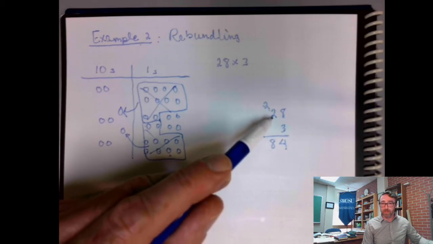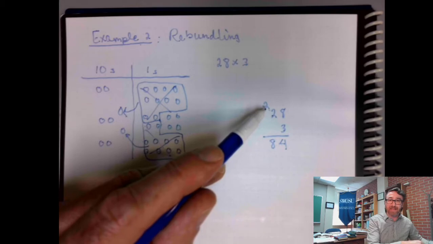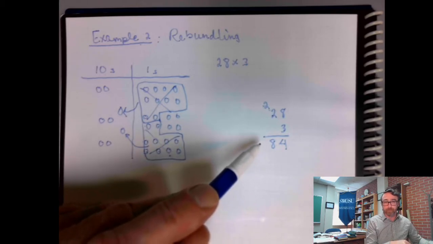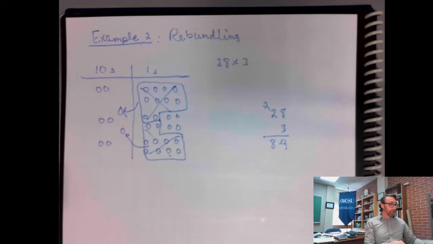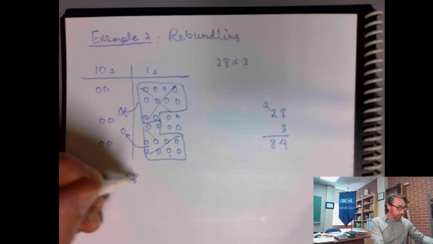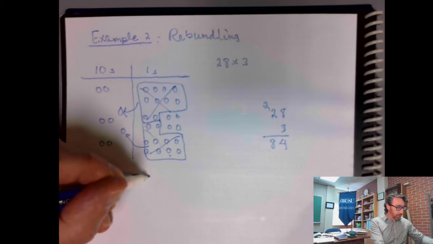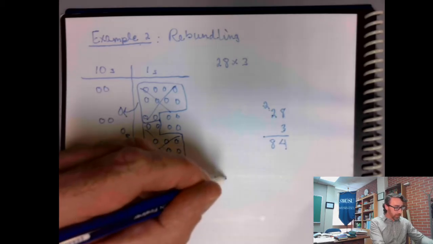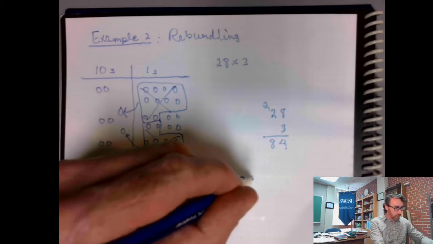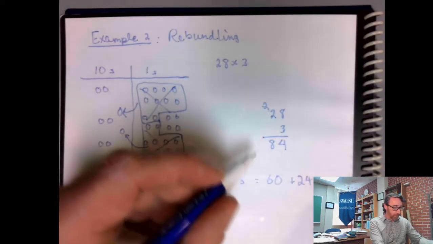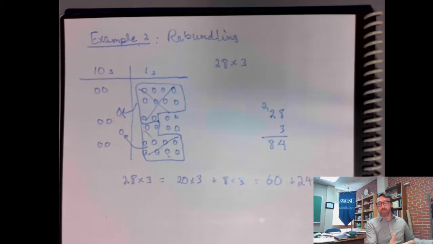We do 3 times 2, and then we add the 2 from the rebundling. And of course, we can see that distributive rule sitting in the background. 28 times 3 is 20 times 3, which is 60, plus 8 times 3, which is 24. So we would have 60 plus 24, and look at what we're getting right there: 84.